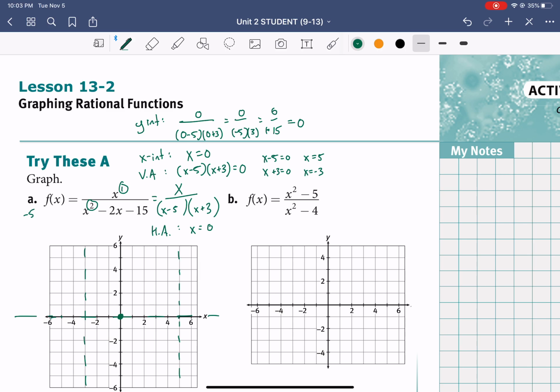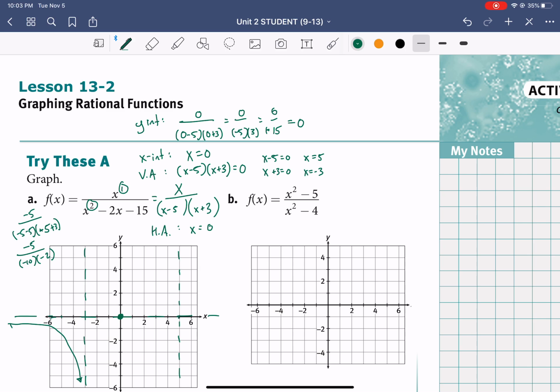We plug it in, we get -5 on the top, and then we do -5 minus 5, -5 plus 3. We just really care if it's negative or positive here. So -5 is on the top, -10, -2. So we'll have negative times a negative on the bottom, negative on the top. So we have a negative answer.